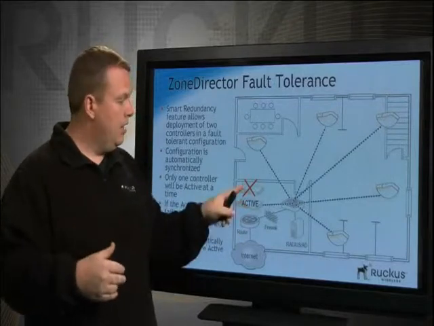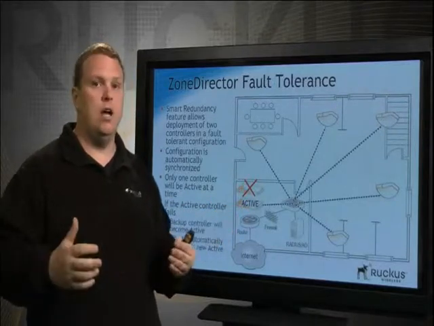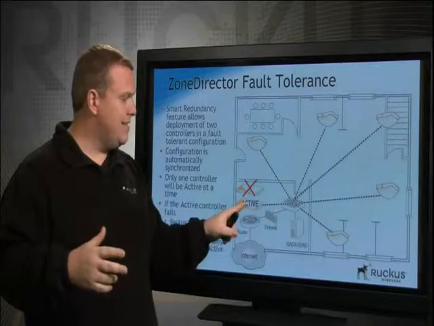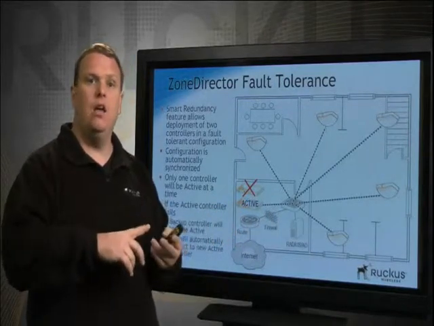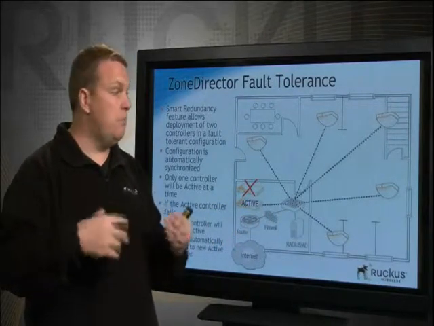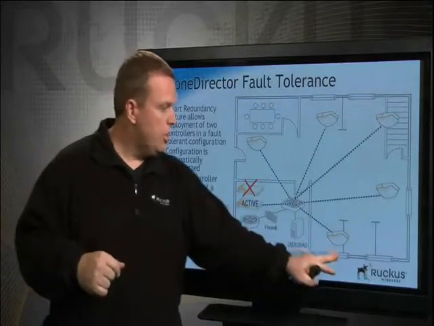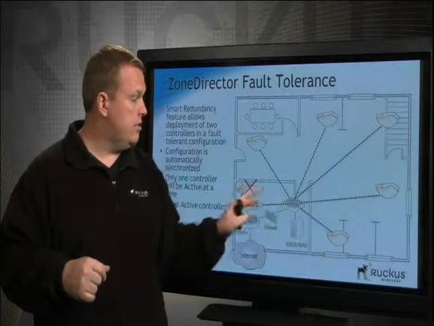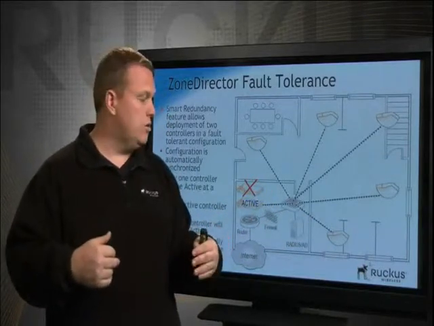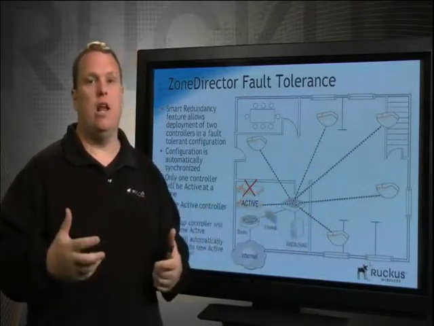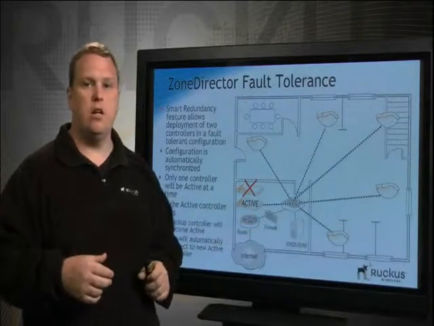These two have been synchronizing the whole time. The same exact system, dynamic PSK, all the features you get in the ZoneDirector, mesh algorithms, are all synchronized across these two devices. So as this first primary controller goes down, the access points find out about that, and they connect to the secondary ZoneDirector.